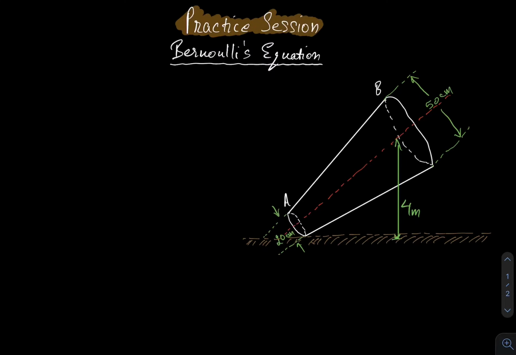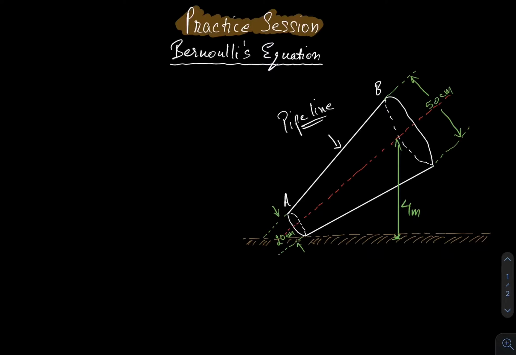Okay, so here we have this water tube. Okay, this is not a water tube, this is a pipeline basically. Let's say this is a pipeline, AB, we have an AB pipeline. The shorter diameter is 20 centimeters, the larger diameter is 50 centimeters.